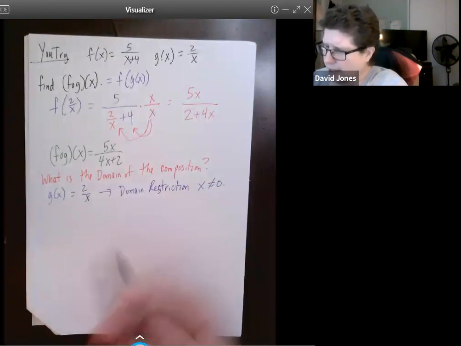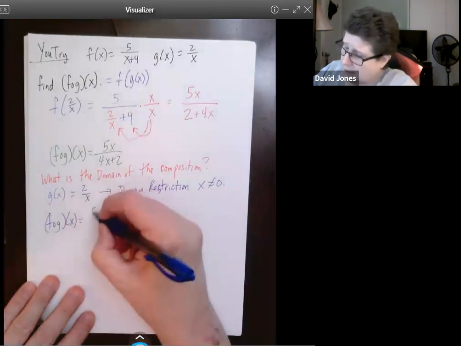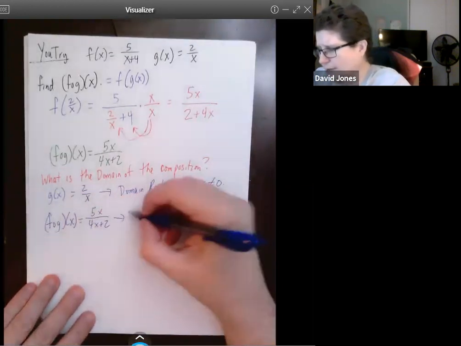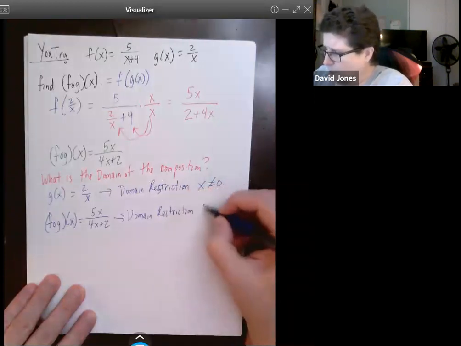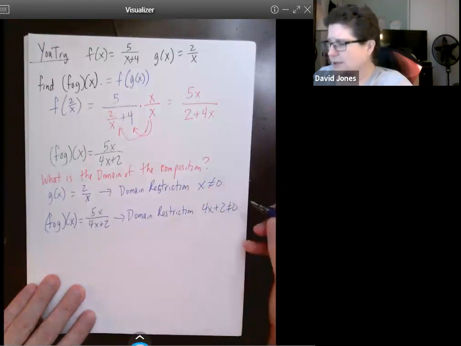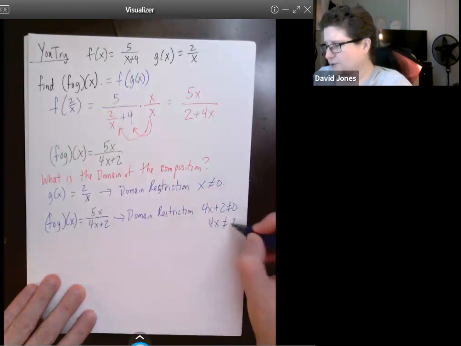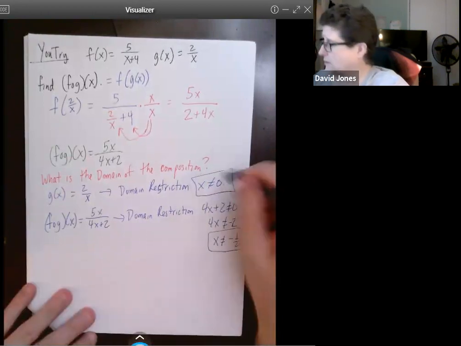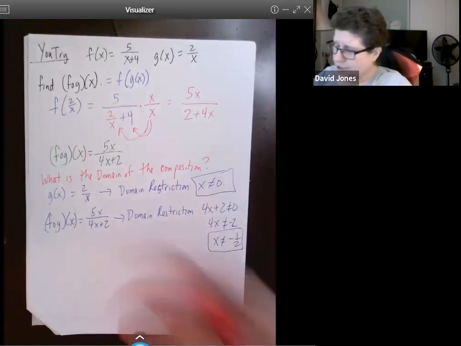And then I look at f of g of x. We have a domain restriction here also. 4x plus 2 cannot equal 0. If we solve for that, we get 4x cannot equal negative 2, so x cannot equal negative 1/2. Both restrictions apply.